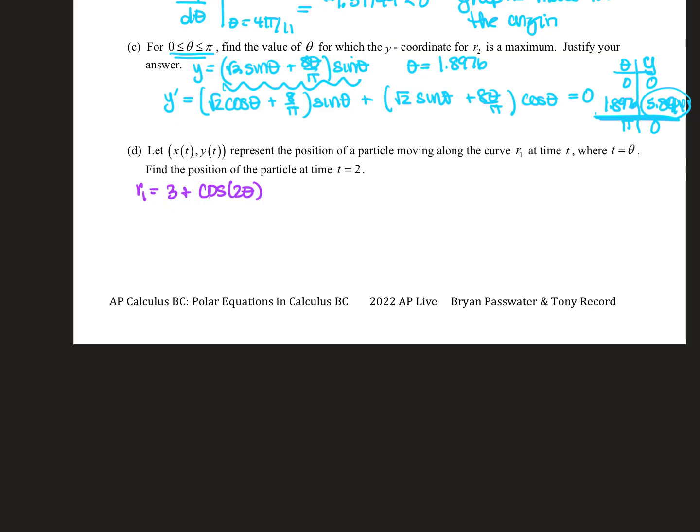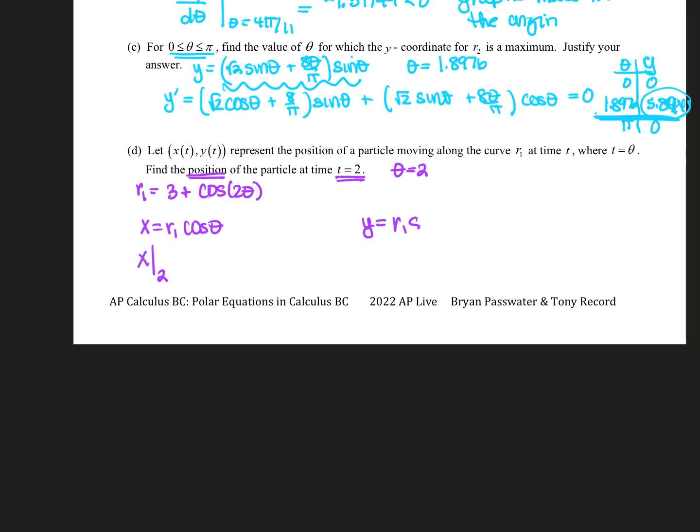And we want to know the position at time equals 2. Well, that's going to be the same thing as the position when theta is equal to 2. So remember that x is equal to r1 cosine theta, and we're going to evaluate this at 2. Then we're going to do the same thing with y.